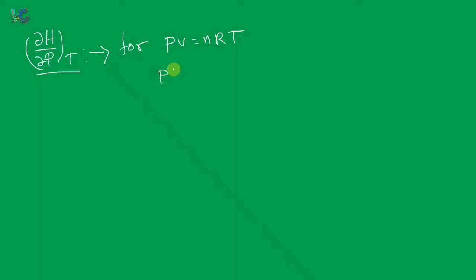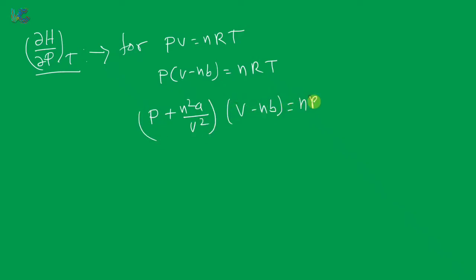Now we want to measure the value of this quantity del H del P at constant T for the ideal gas equation, that means PV is equal to nRT, for P into V minus nb equal to nRT for this gas equation, and for n mole of van der Waals gas equation, that means P plus n square a by V square into V minus nb is equal to nRT.